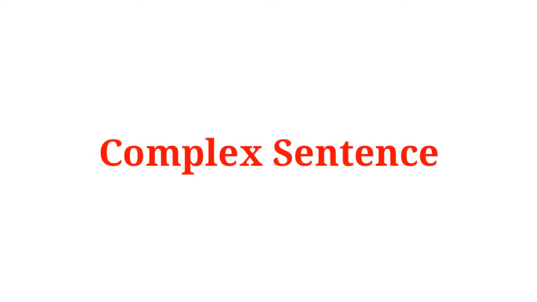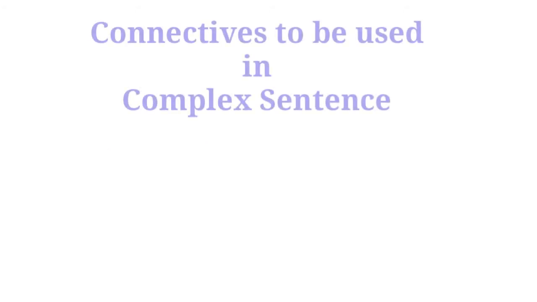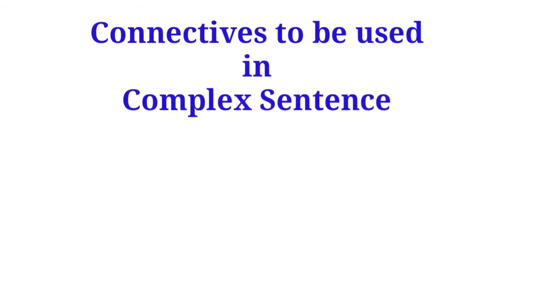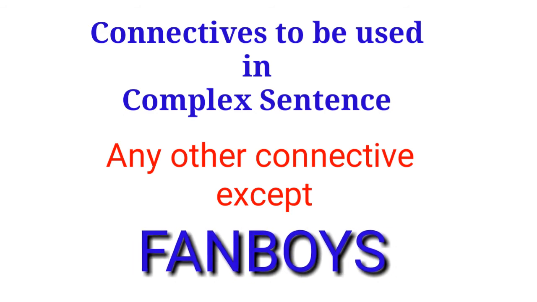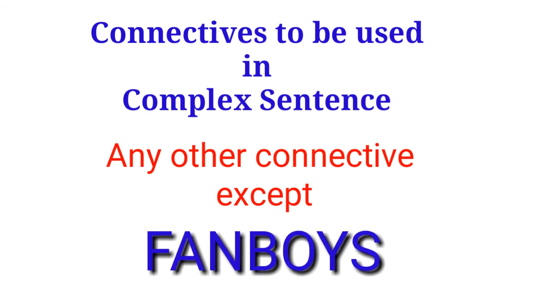And now, which connectives are used in complex sentence, that we'll have to keep in mind. Exactly any other joining word or connective except FANBOYS is used to form complex sentence. Here you can watch out, any other connective except FANBOYS. It means if we add two or more sentences using any joining word that is not in FANBOYS, we shall find out complex sentence.